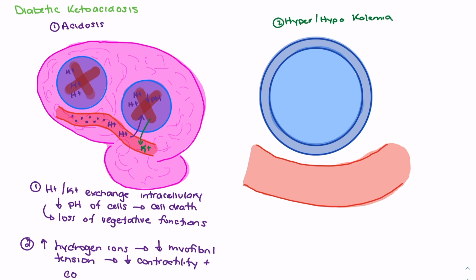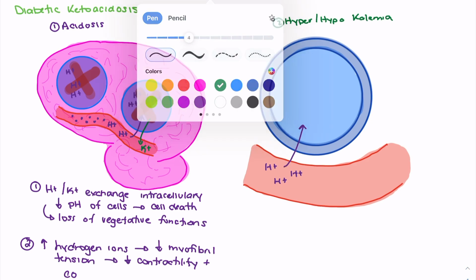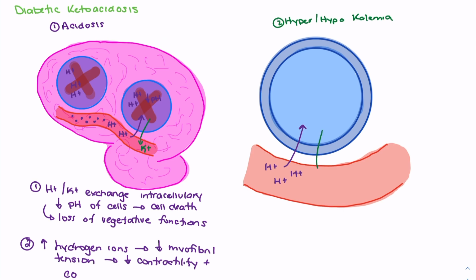And this again relates well to what we just talked about in terms of cellular exchange for potassium. So one of the cell's buffering mechanisms for the increased concentration of hydrogen ions is going to be an exchange of those hydrogen ions for potassium ions. And what we start to see as a result is the blood concentration of potassium goes up in the early stages of acidosis.